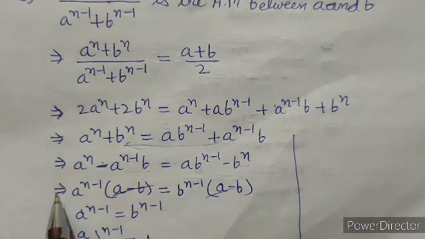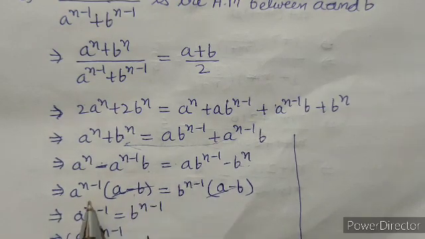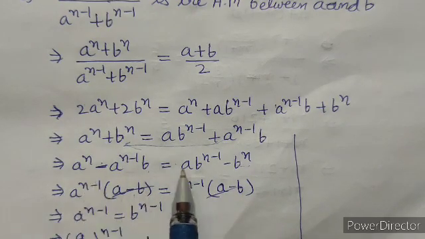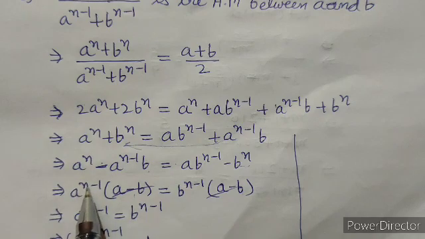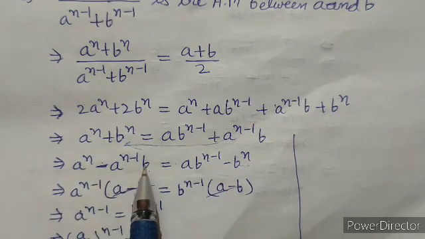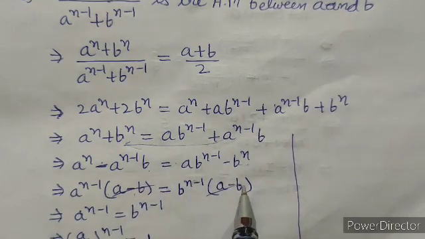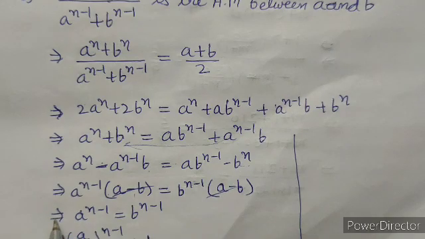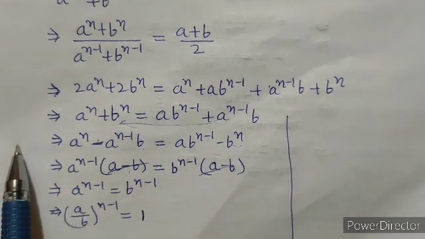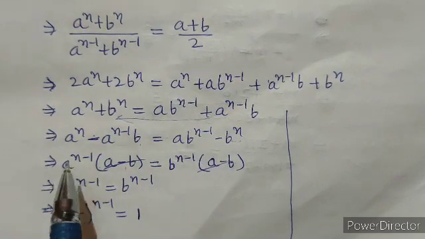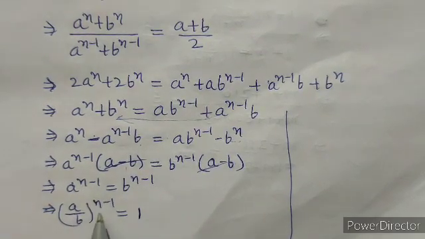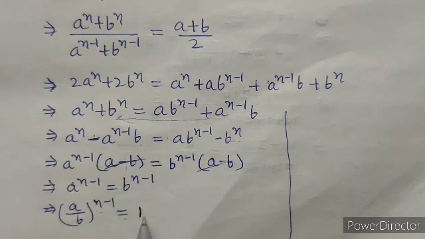And on taking a minus b as common from both the ends, we will get a raised to power n minus 1 into a minus b plus b raised to power n minus 1 into a minus b, which on solving will give us a raised to power n minus 1 equal to b raised to power n minus 1. So we can say that (a upon b) raised to power n minus 1 will be equal to 1.